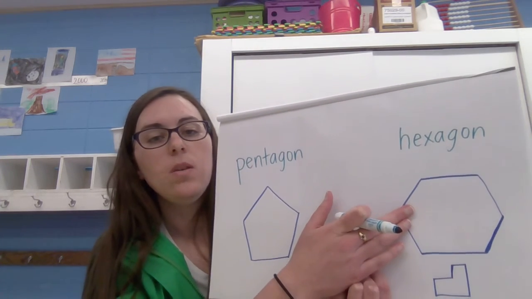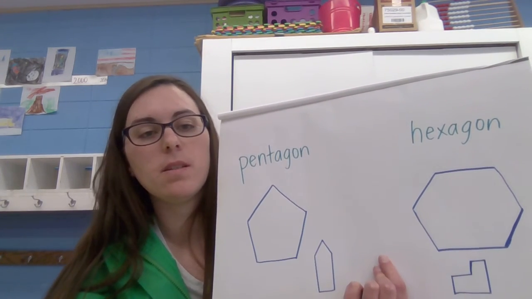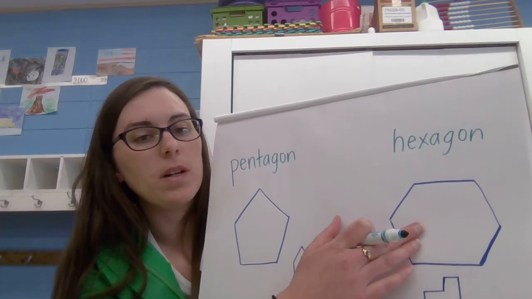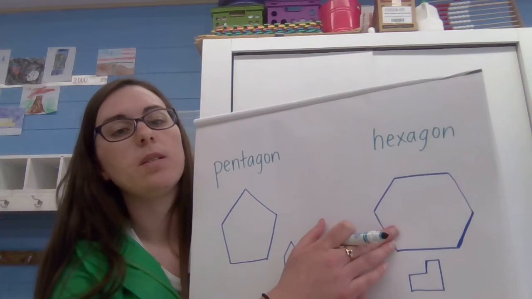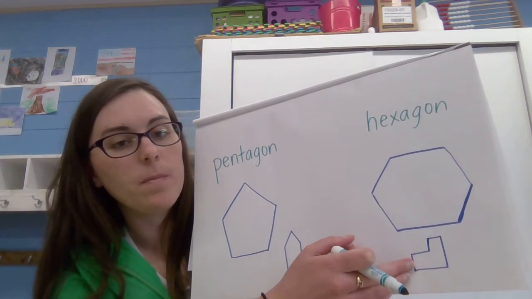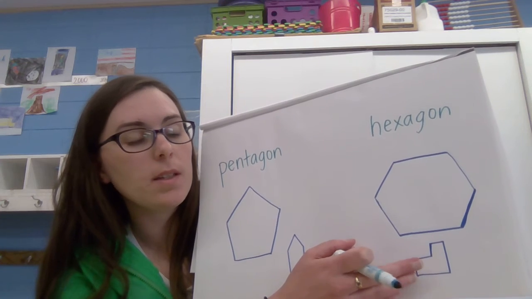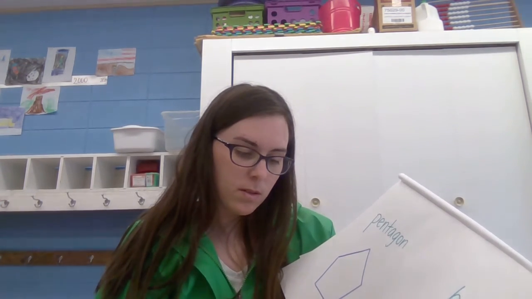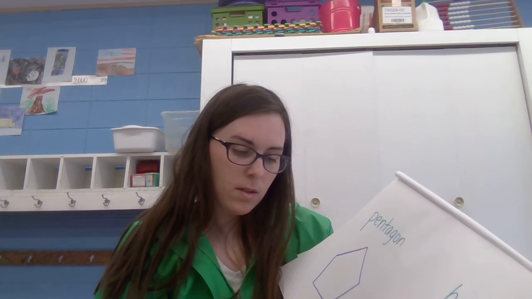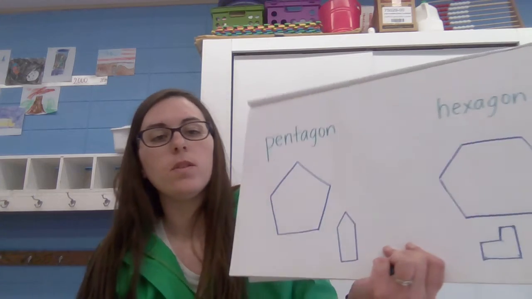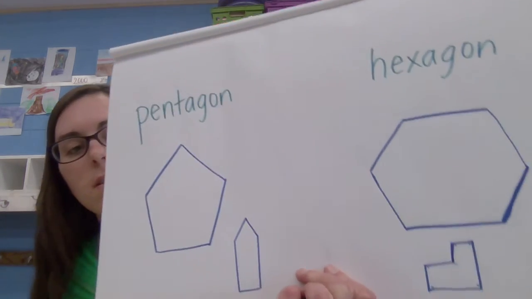Hexagon is one with 6 sides and 6 vertexes. Here's that regular one where still not the greatest. I tried to make the sides mostly the same length, but look at this example. This is still a hexagon. It still has 1, 2, 3, 4, 5, 6 vertexes and 6 sides.